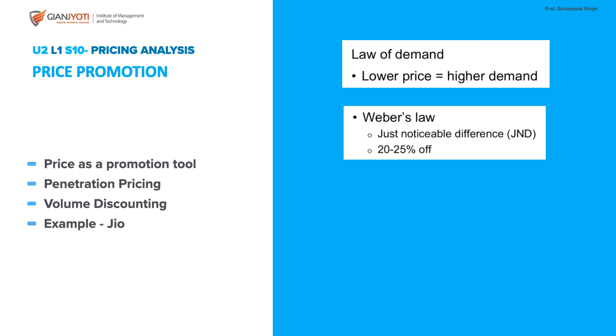Weber's law says that it should be a noticeable difference. So when you are playing with the price, noticeable may be 20 to 25% off, because that becomes very noticeable to the consumer.